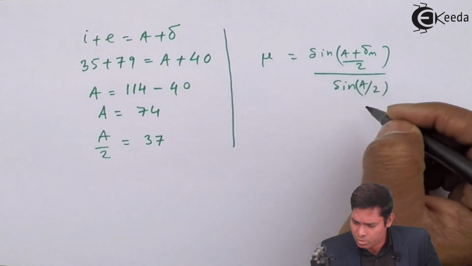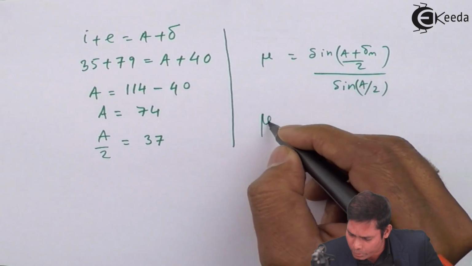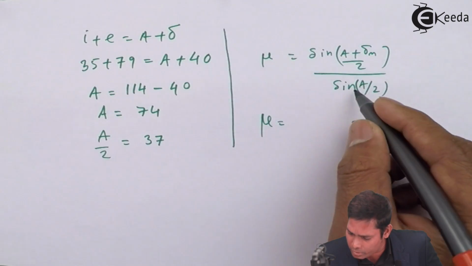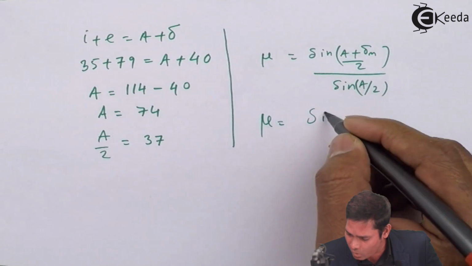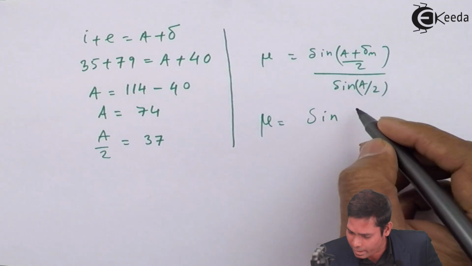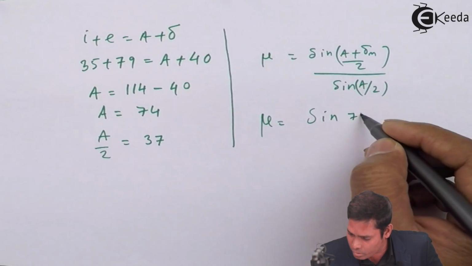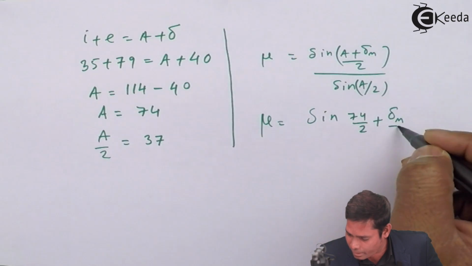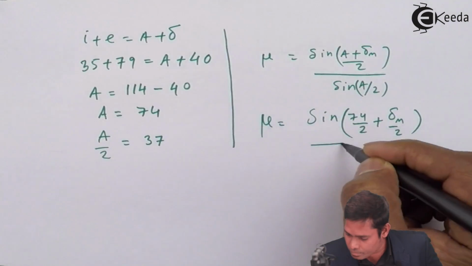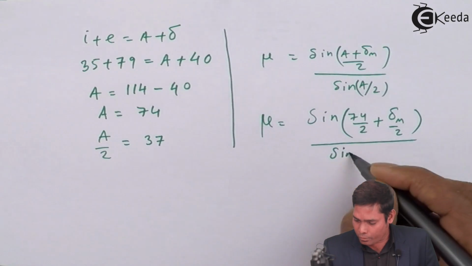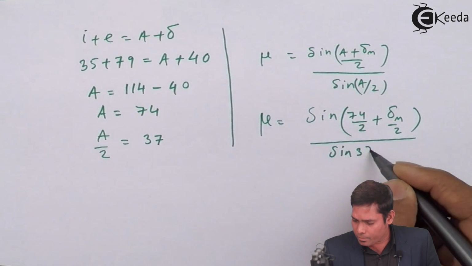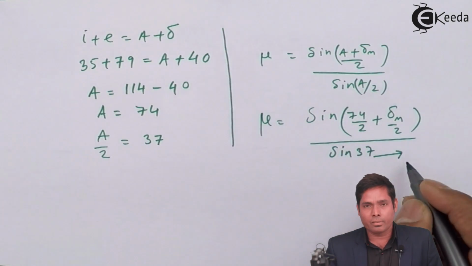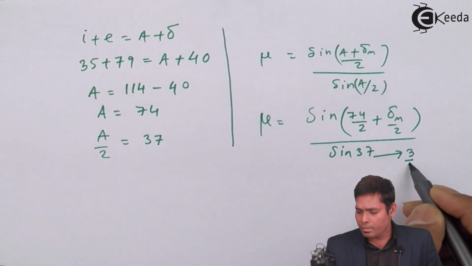If I solve this a little, then mu equals sine of (74 by 2 plus delta m by 2) divided by sine of A by 2, which is 37, and we know that sine 37 is 3 by 5.